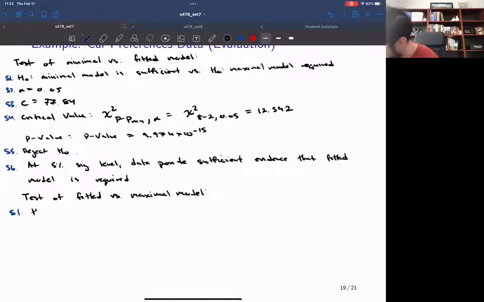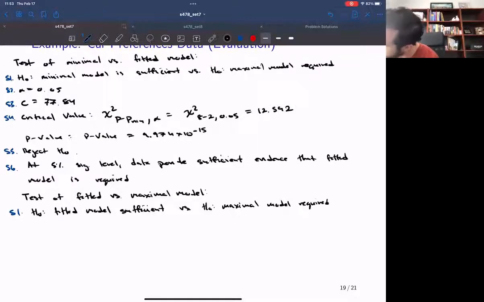This is our classic deviance test. So we're going to have H0, fitted model sufficient, versus HA, maximal model required.